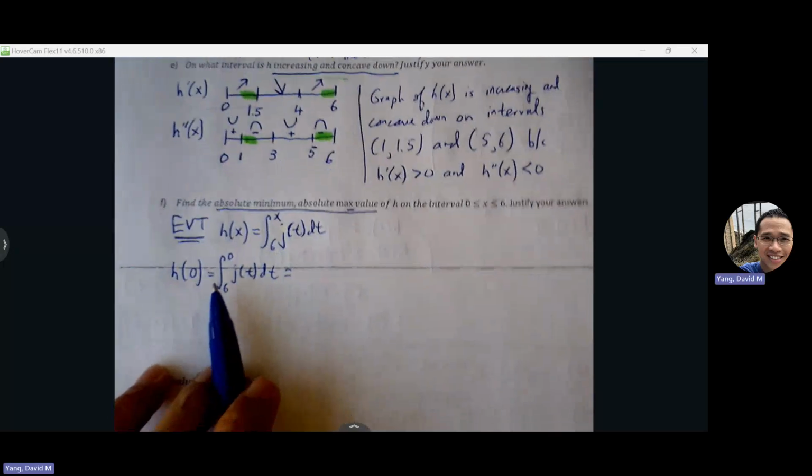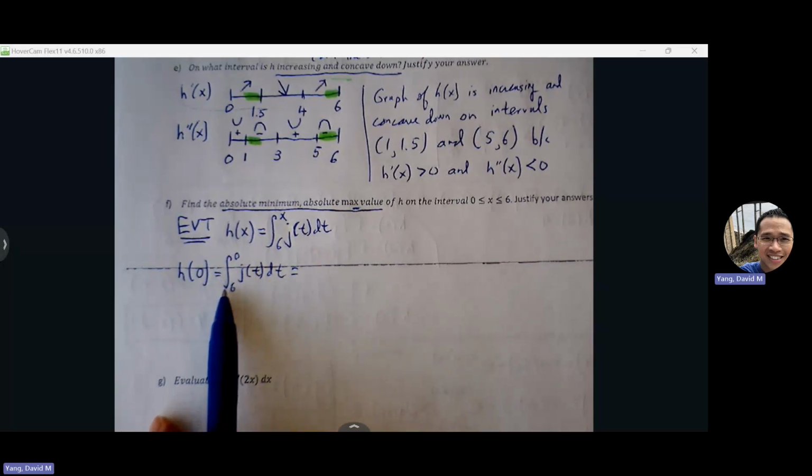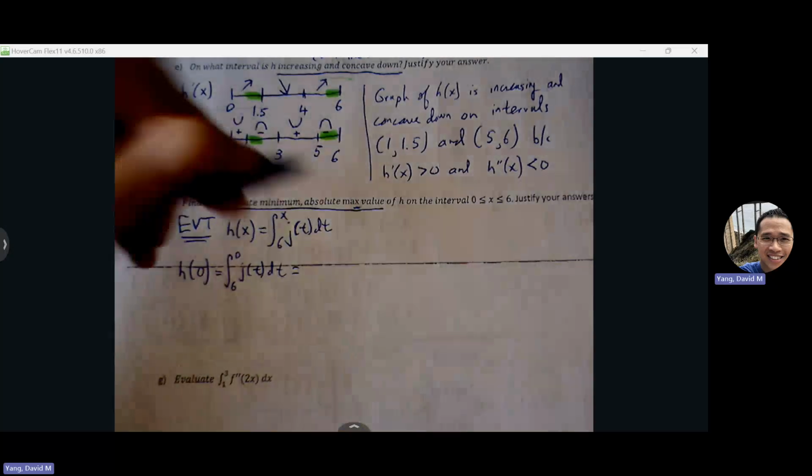Because we want to read the graph from left to right, I always prefer to adjust the bounds so that I can read exactly what I see. My bounds are out of order, so I'm going to change my bounds, but make sure I adjust with the change in sign as well.